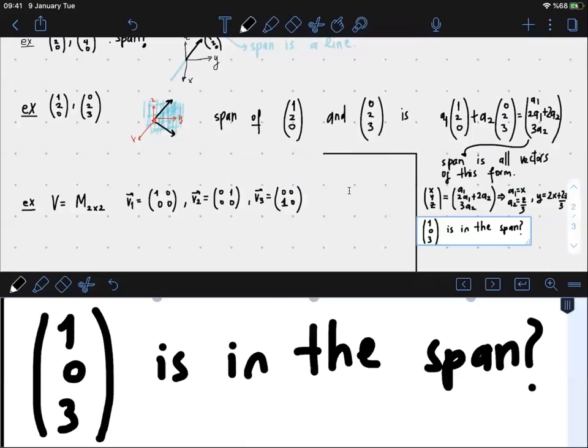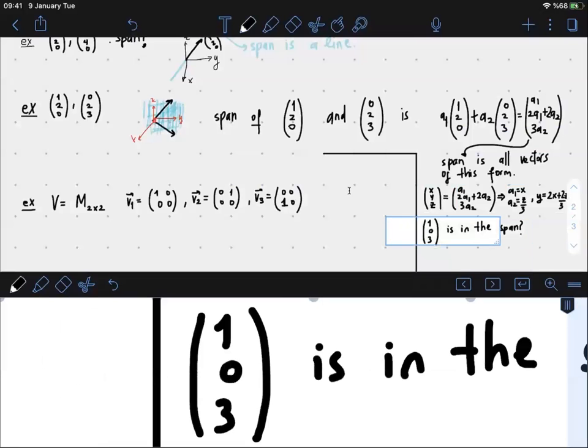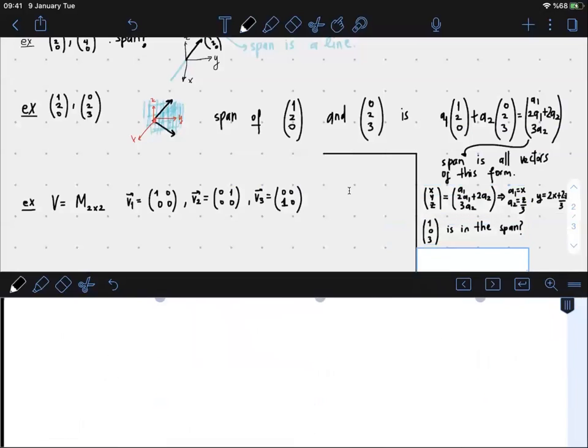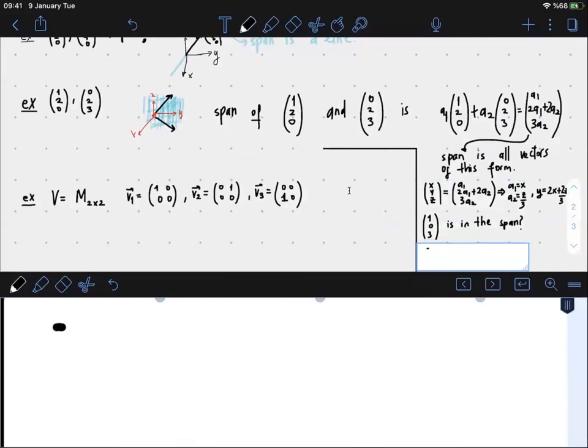Is this in the span? It's not in the span, right? Because if you look at it, you cannot express 1, 0, 3 in this form. Why? Because this means a1 should be 1 and a2 should be 1, right?